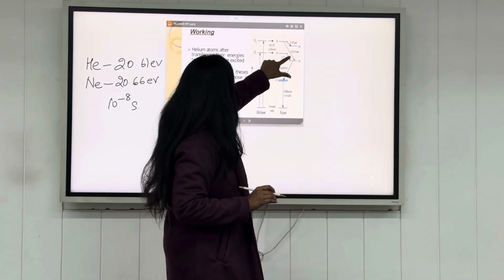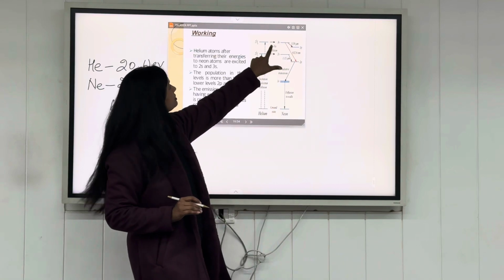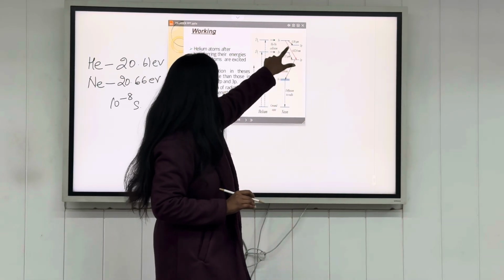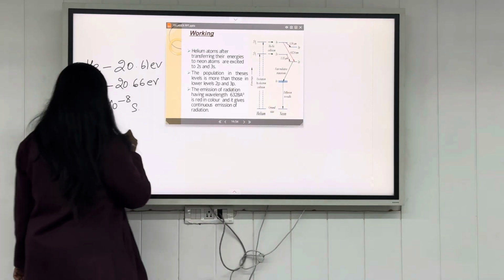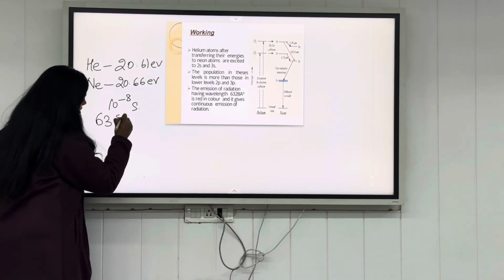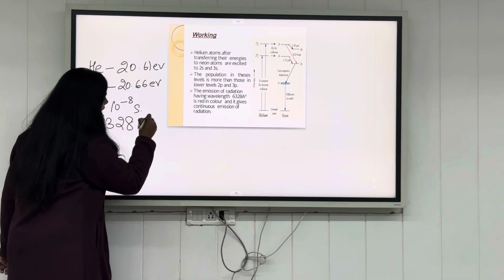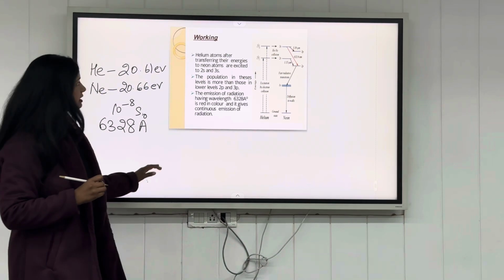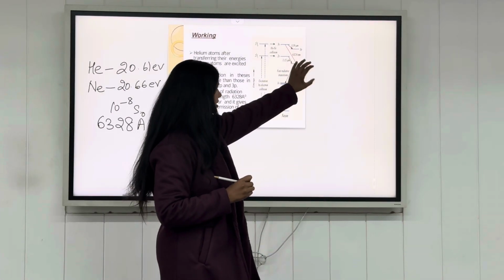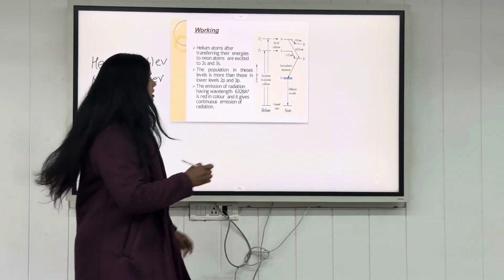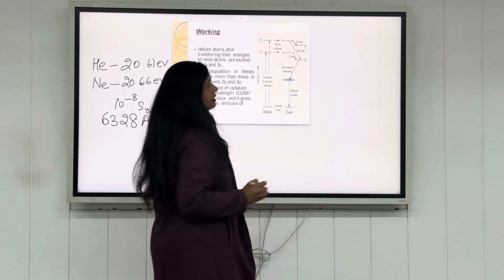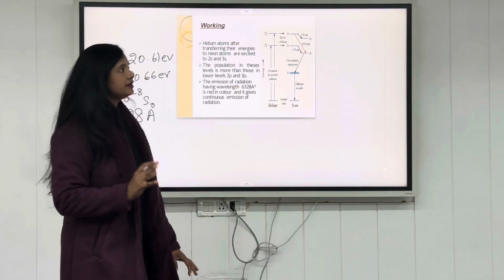Now the next transition that happens here is from 3s to 2p, in which the laser light is emitted, and the wavelength of that laser light is around 6328 angstrom, and that's why the color of the light is red, because this falls in the visible spectra region.